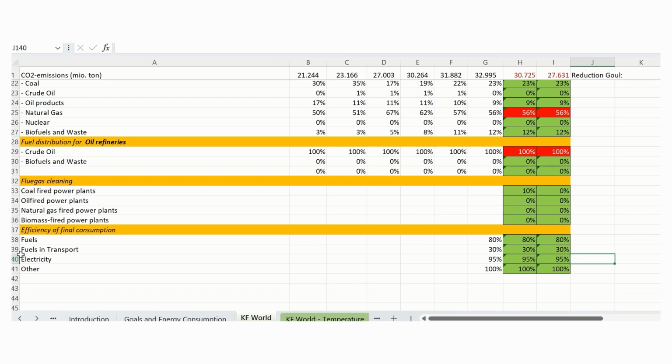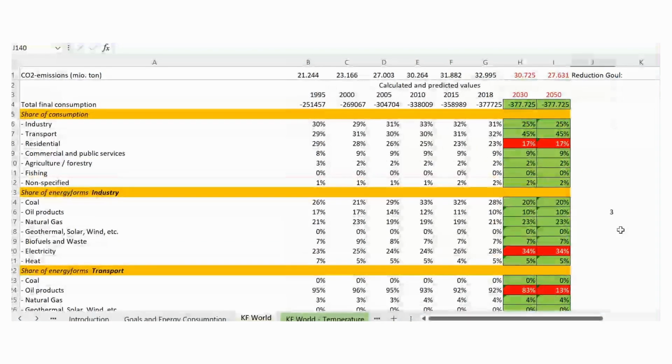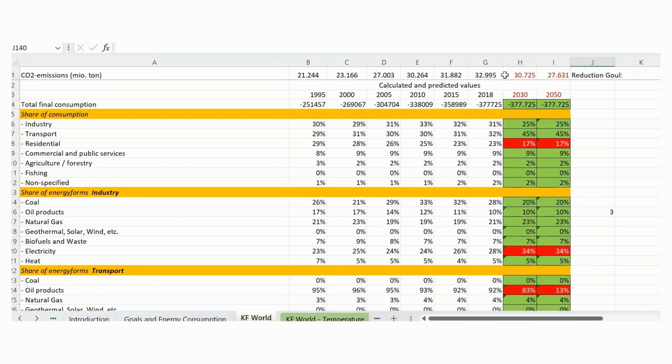And finally, this here is the efficiency factors for the end use sector here. When you have filled out all these here, you can go up here and see the corresponding CO2 emissions.